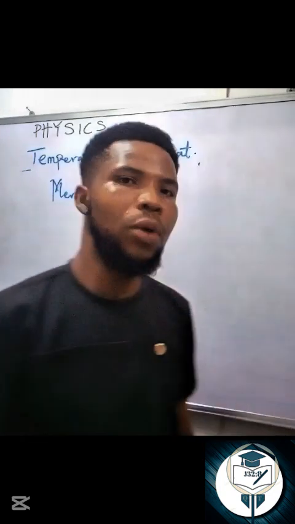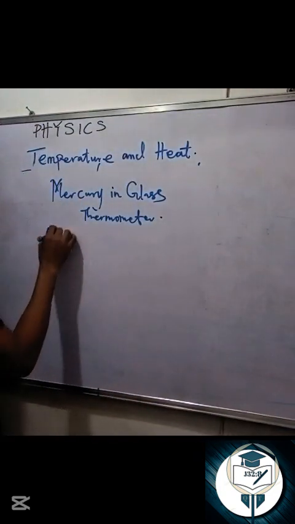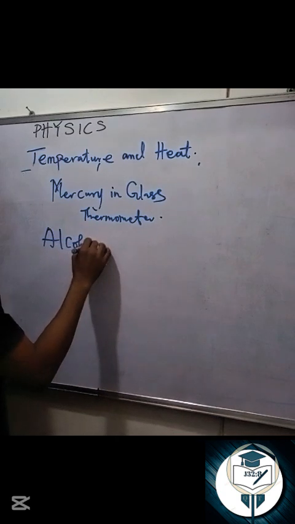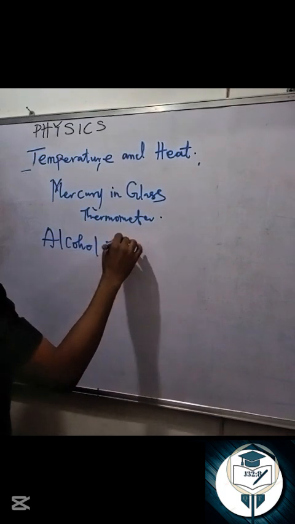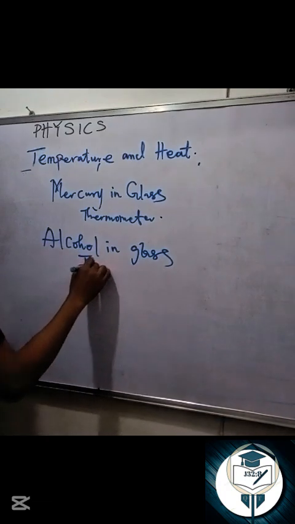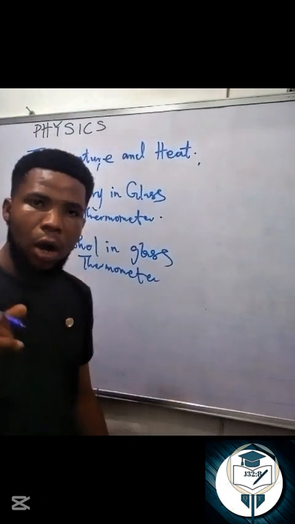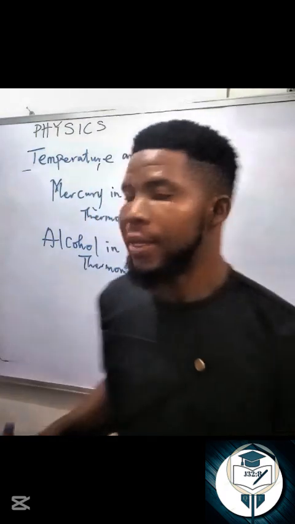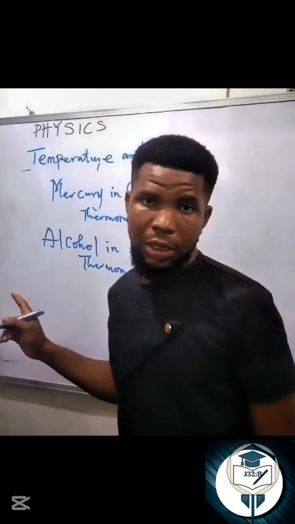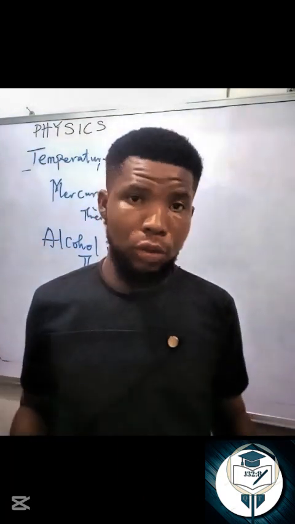Now we want to look at the next one, which is the alcohol in glass thermometer. The alcohol in glass thermometer is very useful, especially in the polar regions, places with extremely low temperature.